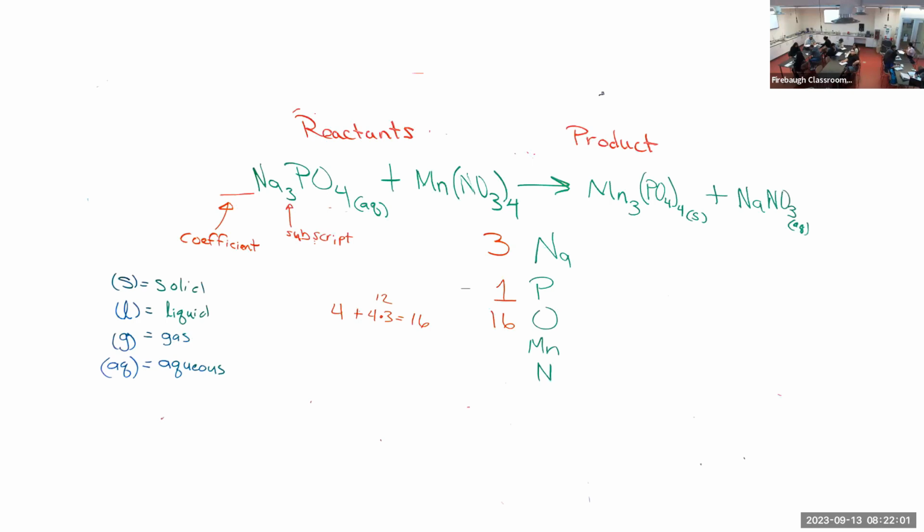Okay, and nitrate is a polyatomic ion, and you guys have a table. Okay, so we have a total of 16. So that's 12 plus 4. Manganese. How many manganese do we have? How many? 1. How many nitrogen?